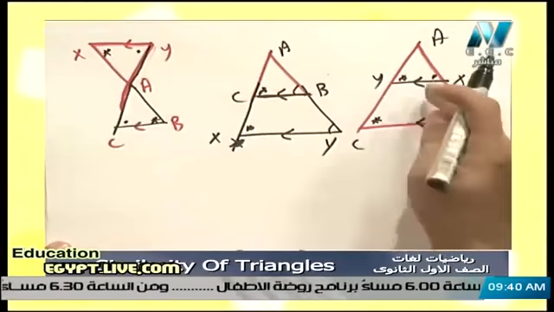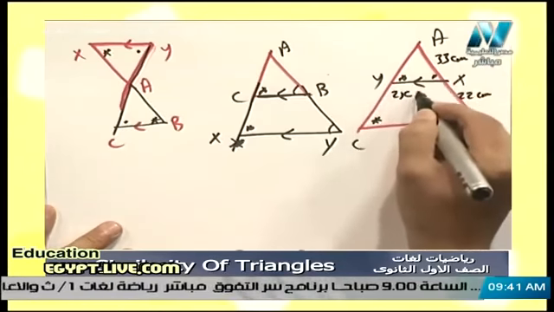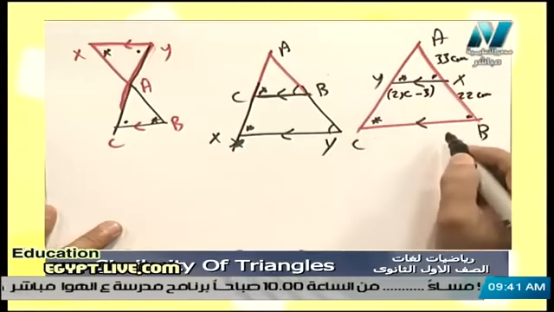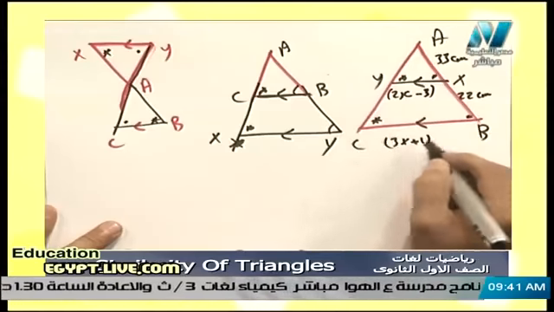If we have this triangle specifically, and we have AX here equals 33 centimeters, and XB equals 22 centimeters here, and we have XY equals 2x minus 3 centimeters, and we have CB equals 3x plus 1 centimeters also, and we are asked to find the length of x or the value of x.